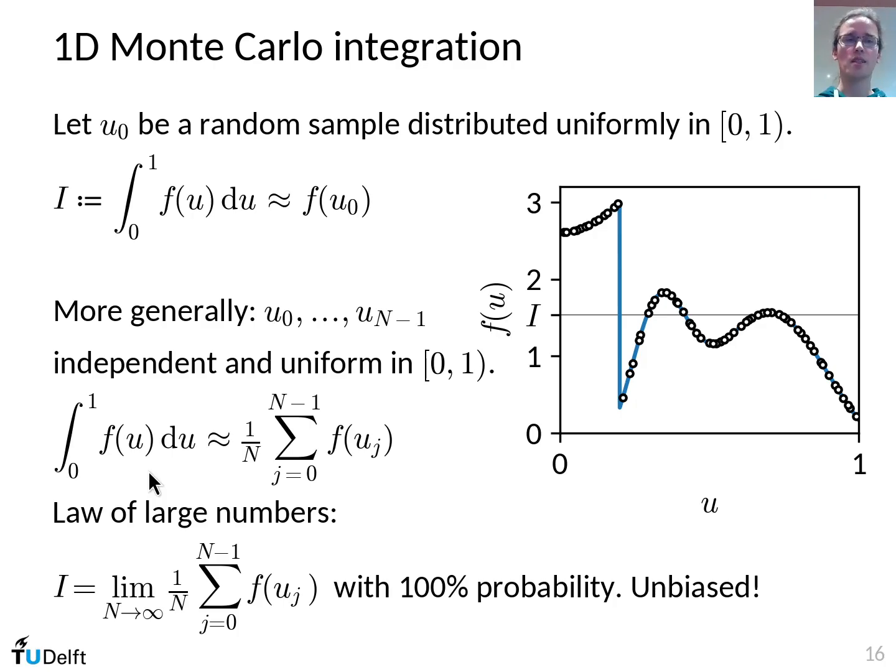And now the nice thing is that if we just keep doing this for long enough, if we take the number of sample points to infinity, then this is actually guaranteed to converge to the exact result. And because of that, we call this Monte Carlo estimate an unbiased estimate of the integral. Because in expectation, this gives us the correct result. If we just keep averaging different random results, then we will get exactly the correct result.